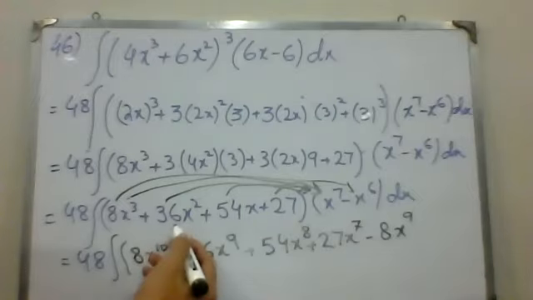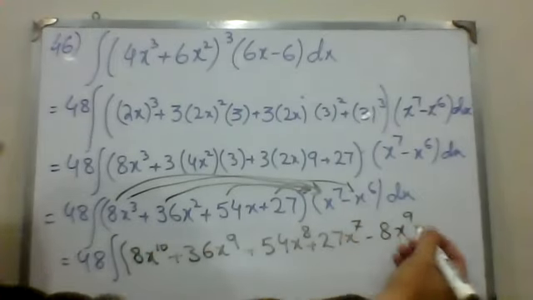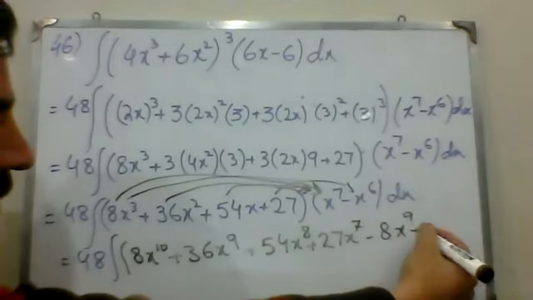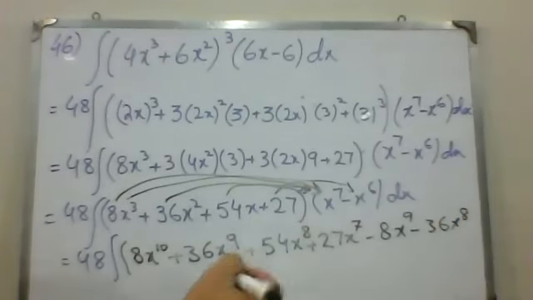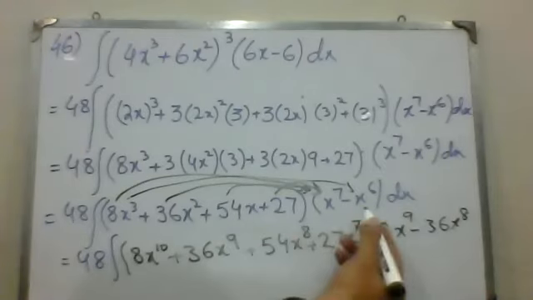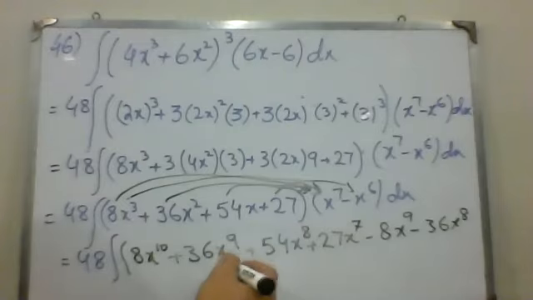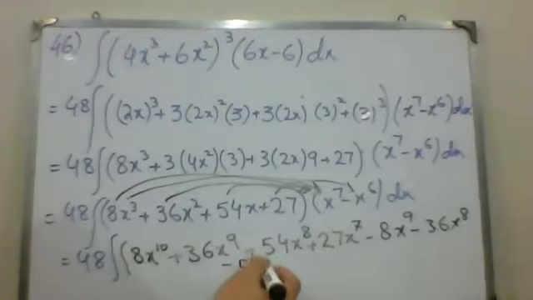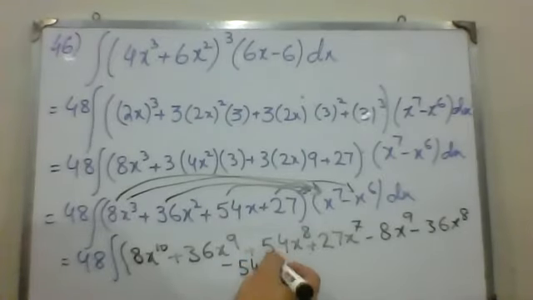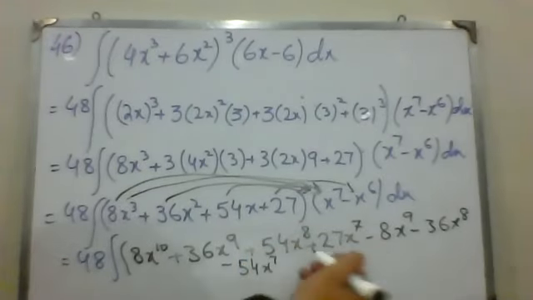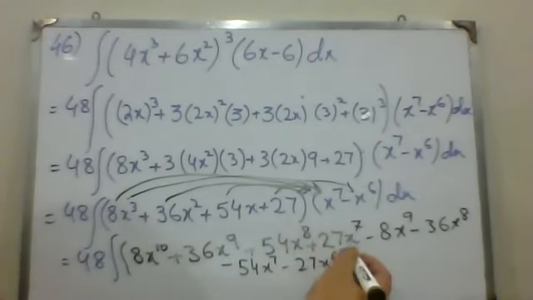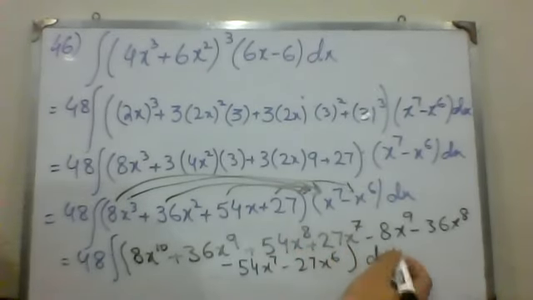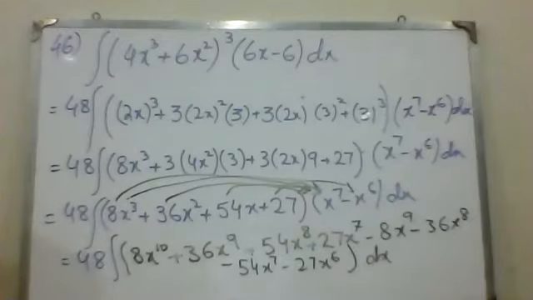And the second term multiplied with the last term, we get minus 36 x to the power 8, right? Now third term multiplied with the last term, we get minus 54 x to the power 7, and last term multiplied with that, so minus 27 x to the power 6. So bracket close dx. That whole term appeared in the integration.